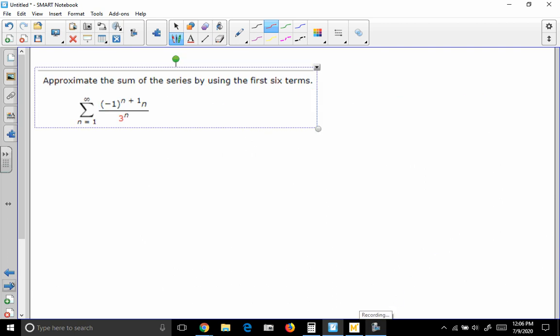Then, I believe this is the last one from this section. They ask us to approximate the sum of this using the first 6 terms. So there's a theorem, there's some properties that they discuss, and they talk about error.